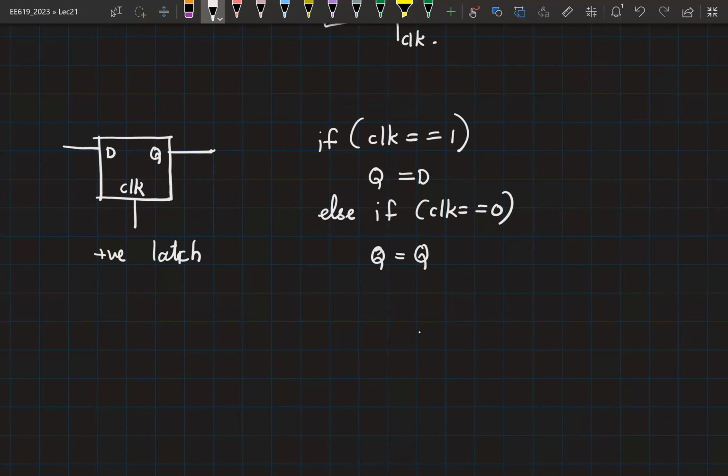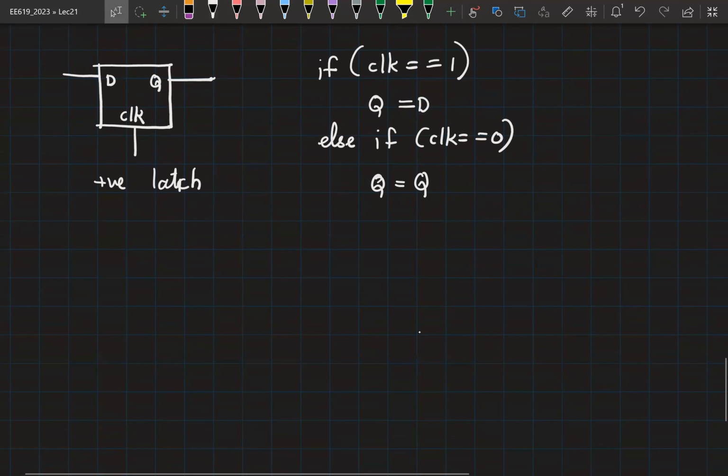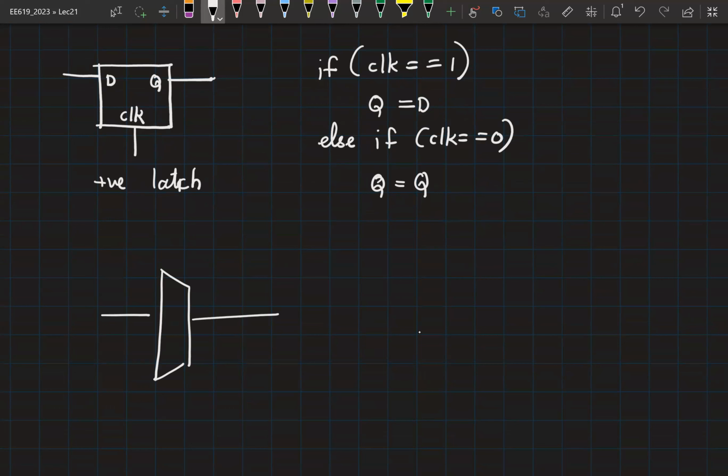So how do you implement this? If I've given you this description, what is the first circuit that comes to your mind? Mux, right? So let us implement this with a mux. So this has 2 inputs.